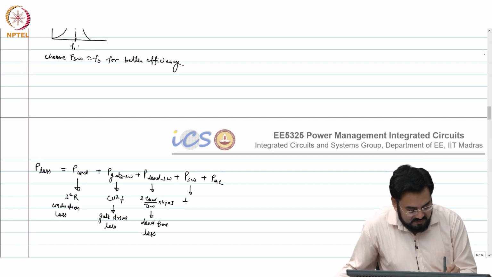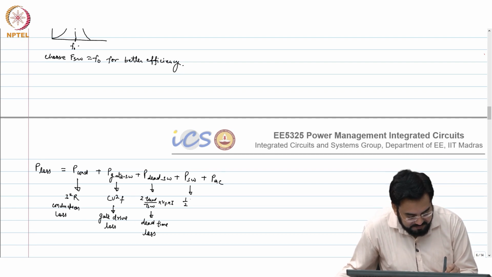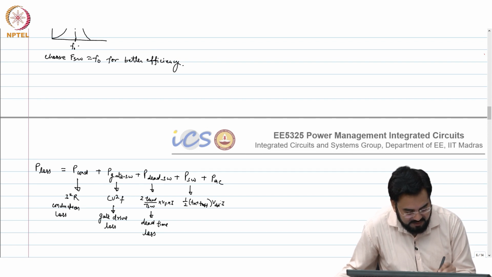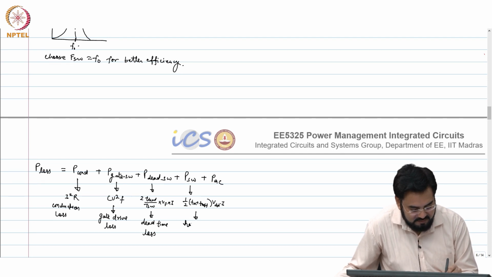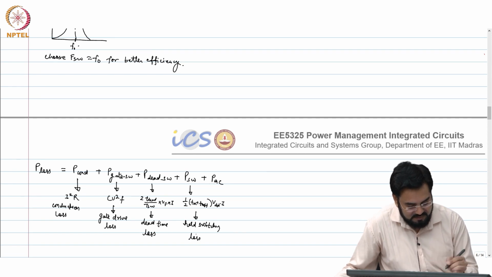This was your half of T on plus T off, V dd into I. Okay. Hard switching loss.